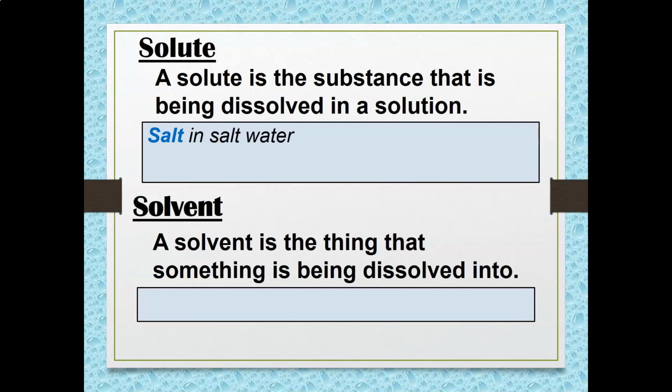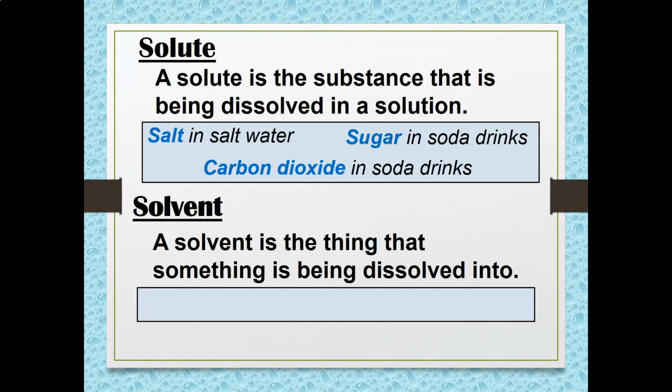So things like salt dissolved in salt water, or sugar dissolved in soda, or the carbon dioxide gas bubbles that are dissolved inside the soda. All of those would be examples of solute, and they are not all solids.